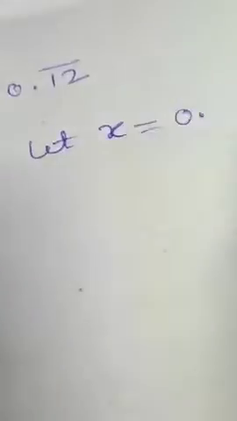Okay, now one more example I am taking, 0.12 bar. Now here also we have 0.12 bar. Let me take this recurring number as x equals 0.12 bar. I am removing the bar.